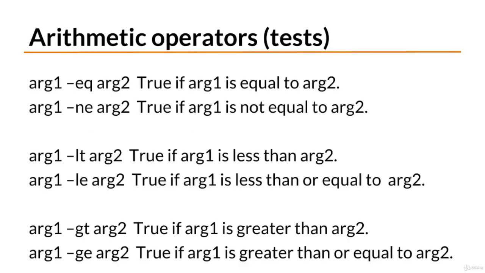You can also do number comparisons like -eq to test if the numbers are equal, or -ne for not equal, -lt if the first number is less than the second number, -le if the first number is less than or equal to the second number, -gt if the first number is greater than the second number, and -ge will return true if the first number is greater than or equal to the second number.